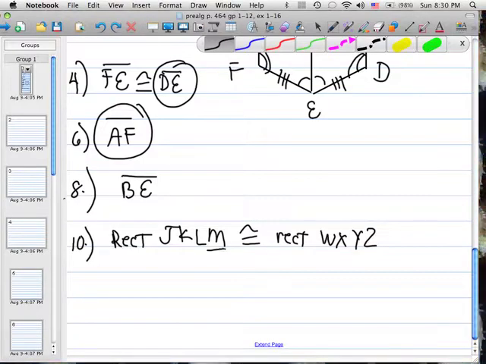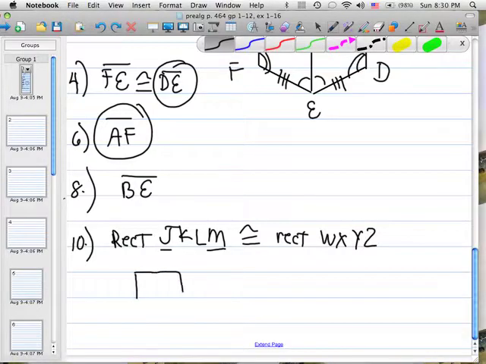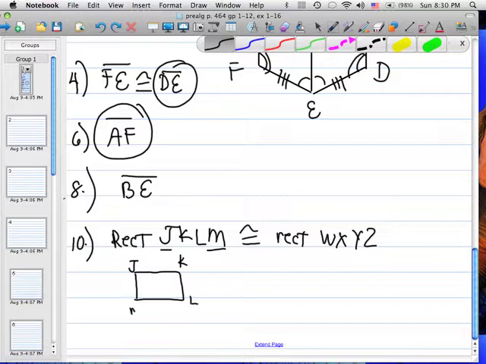Well, if we draw the rectangle JKLM, and these have to be in the same order, WXYZ.